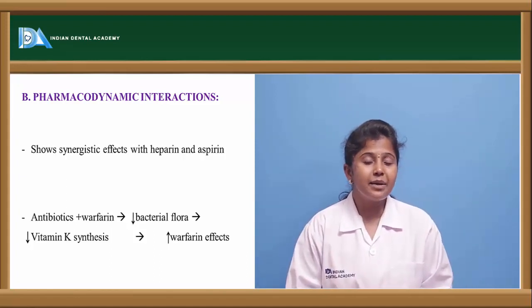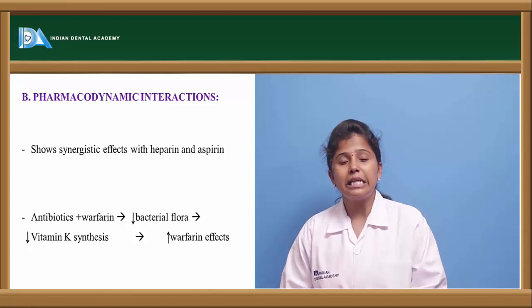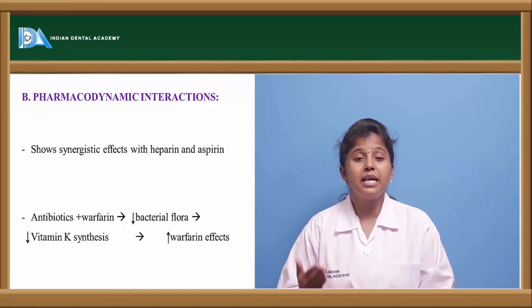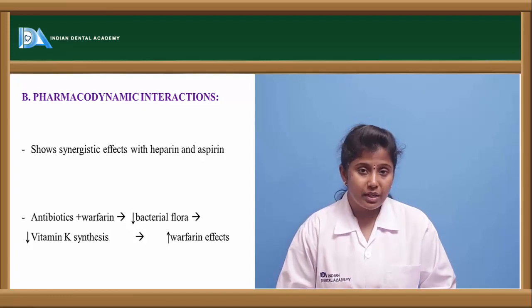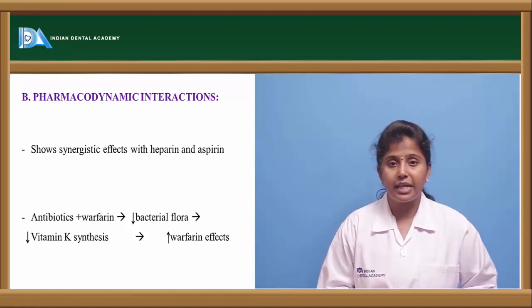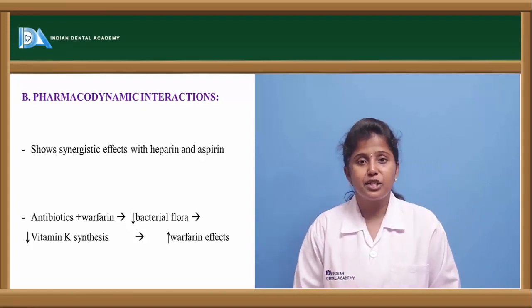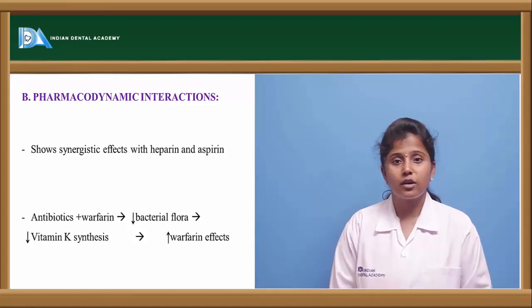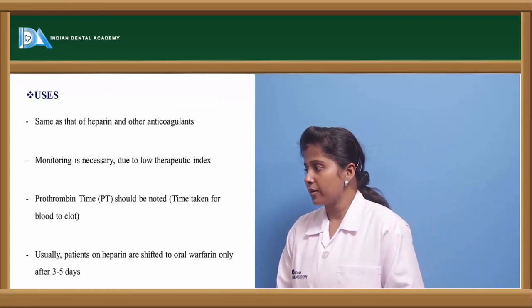If we give antibiotics, they kill the intestinal flora and thereby inhibit vitamin K synthesis, because these bacteria aid in the synthesis of vitamin K. That leads to vitamin K deficiency. That is the reason warfarin should not be given with antibiotics.